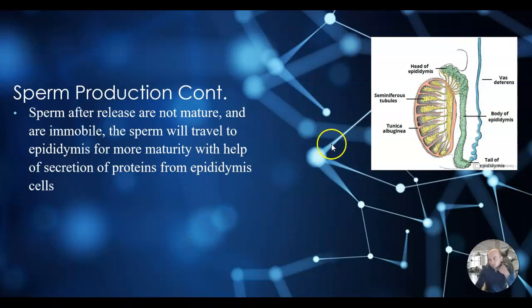So that's why when people get a vasectomy, they cut this vas deferens tube, because the maturity of the sperm can't develop because the vas deferens is severed. So therefore, healthy sperm cannot be produced in order to fertilize an egg of a female.